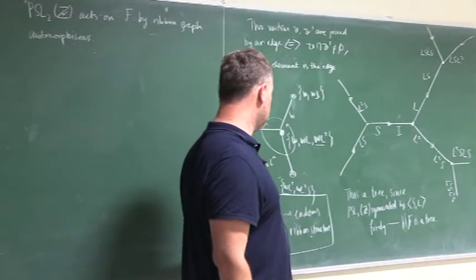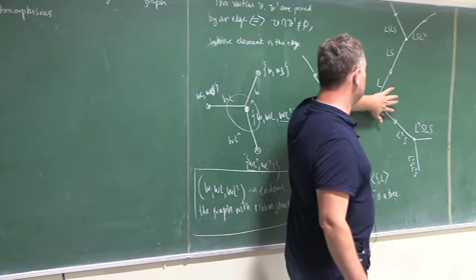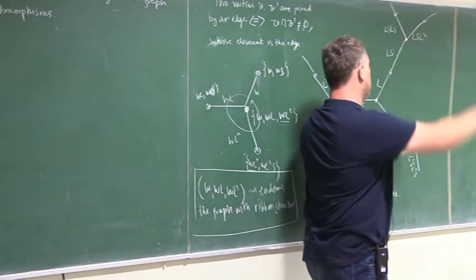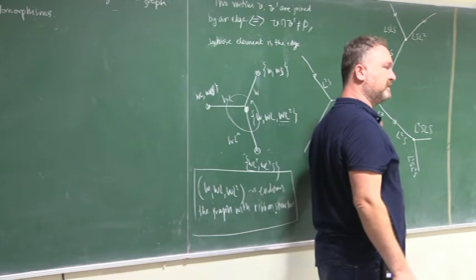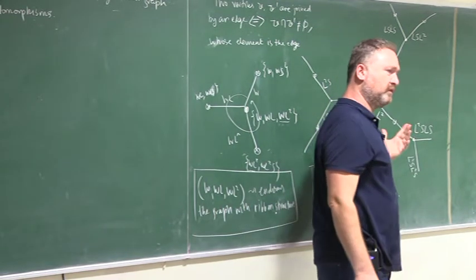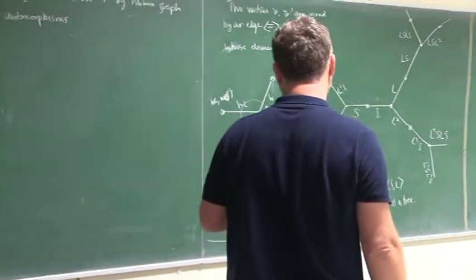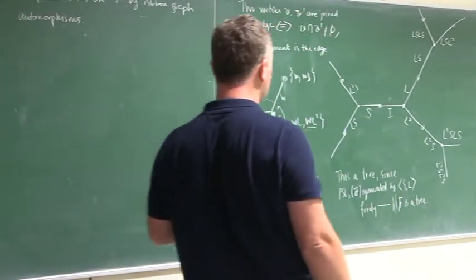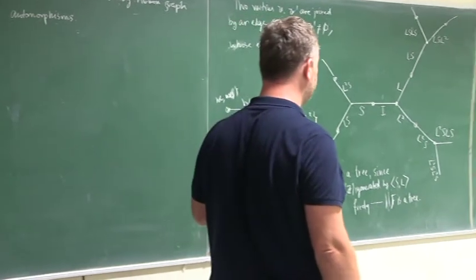However, for vertices of degree 3, I fix this ordering. So if I, for example, change this branch by rotating it like this, then I change this cyclic ordering. So it is not a ribbon graph automorphism anymore. It is a tree automorphism, but it is not a ribbon graph automorphism anymore. So let us concentrate on this action a little bit.